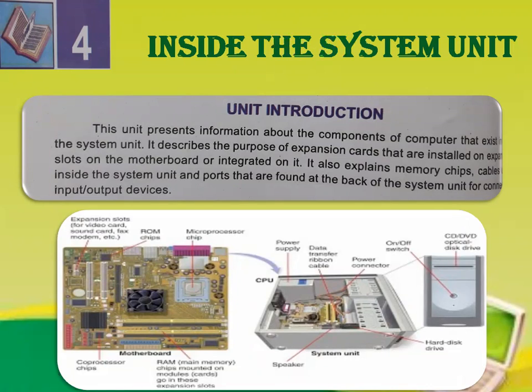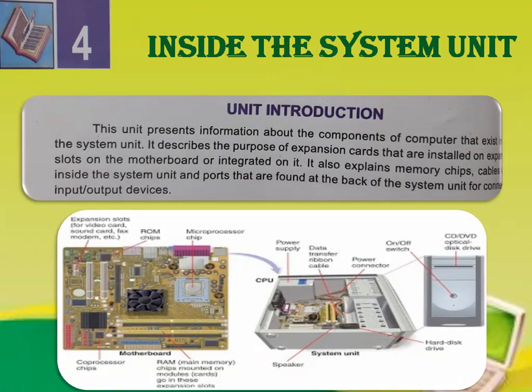This unit presents information about the components of the computer that exist inside the system unit. It describes the purpose of expansion cards that are installed on expansion slots on the motherboard or integrated on it.